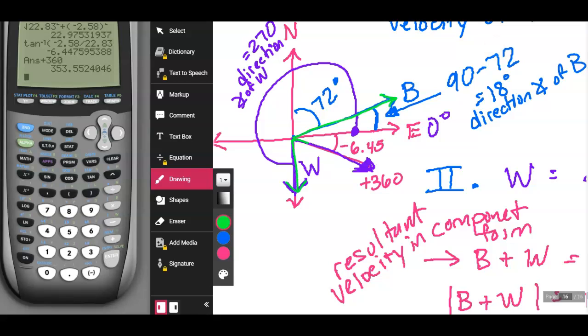So halfway between is about, right, the first problem on the homework we added 180 because that vector was in quadrant 2. In quadrant 2, we add 180. In quadrant three, we add 180. Quadrant four, we add 360.